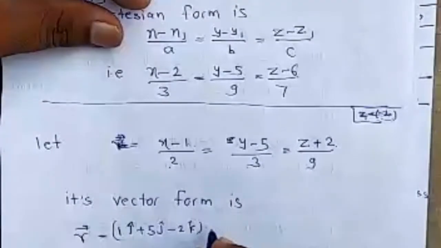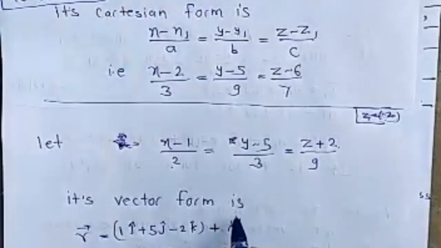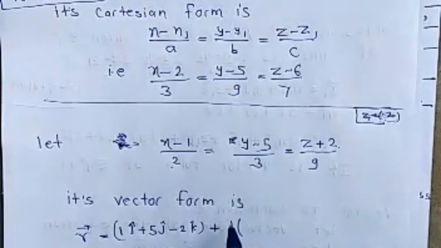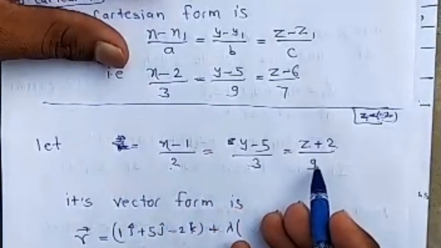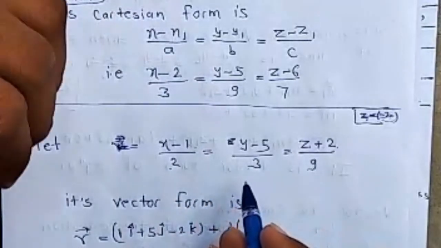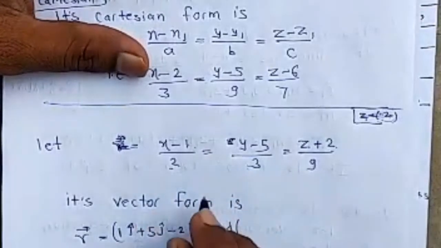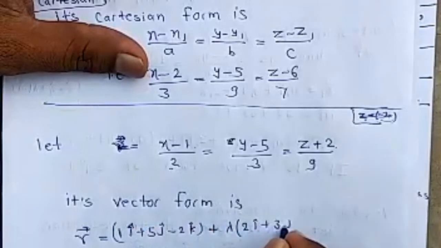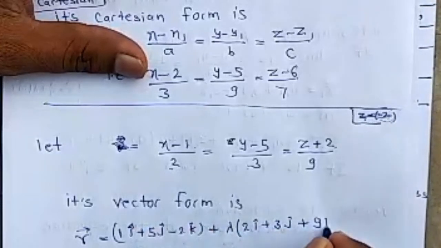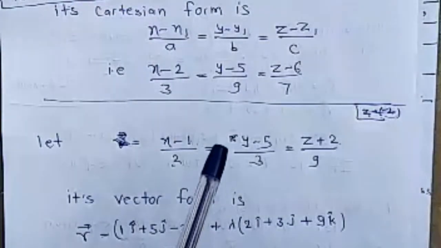Then plus lambda m vector. M vector is a vector which is parallel to the given line. Then direction ratio of the given line is 2, 3, 9, so direction ratio of the parallel vector is also 2, 3, 9. Means lambda m vector is given by lambda into 2i cap plus 3j cap plus 9k cap, and it is the vector form of this line.